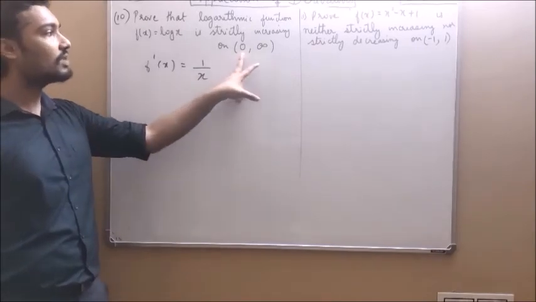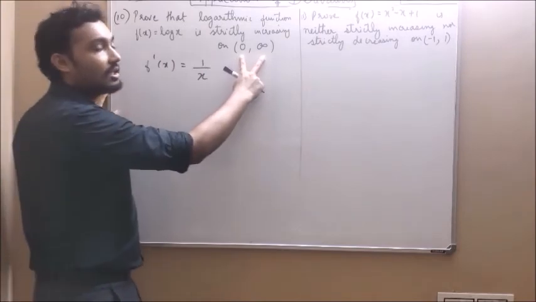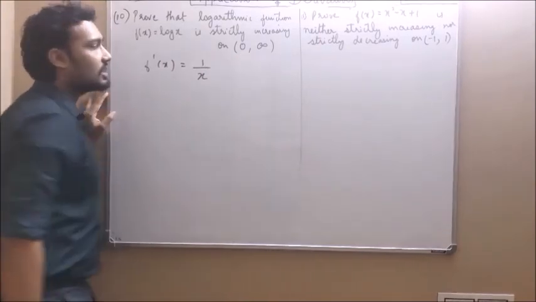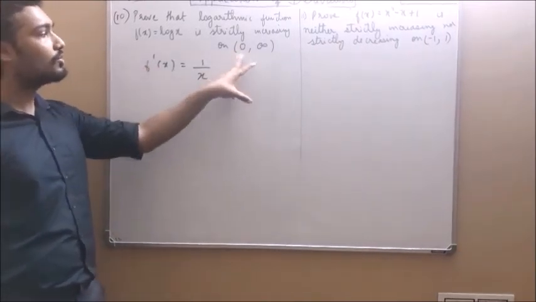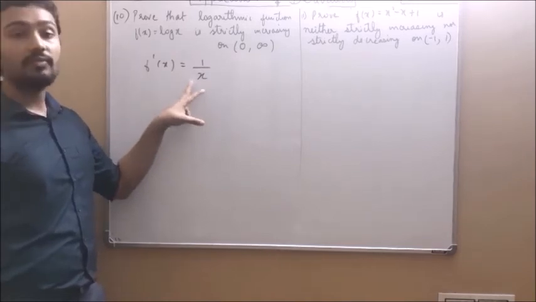So now we have to substitute the elements belonging to this interval because we are checking the increasing or decreasing in this interval. So take any number in this interval. Any number in this interval is definitely positive. So when you substitute x to be any number, this will always give positive.